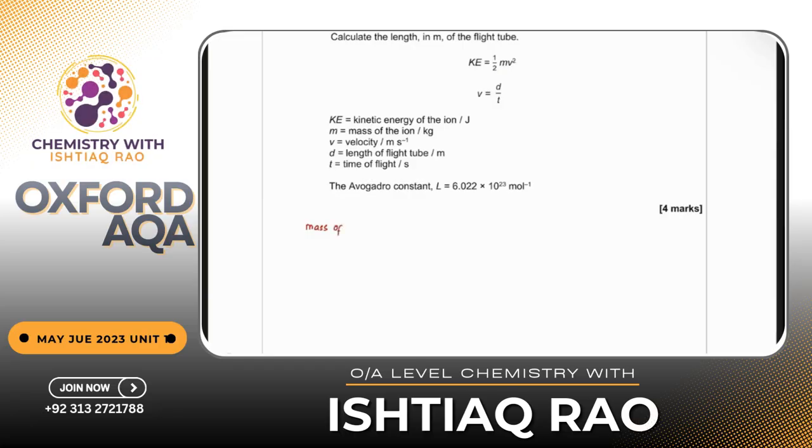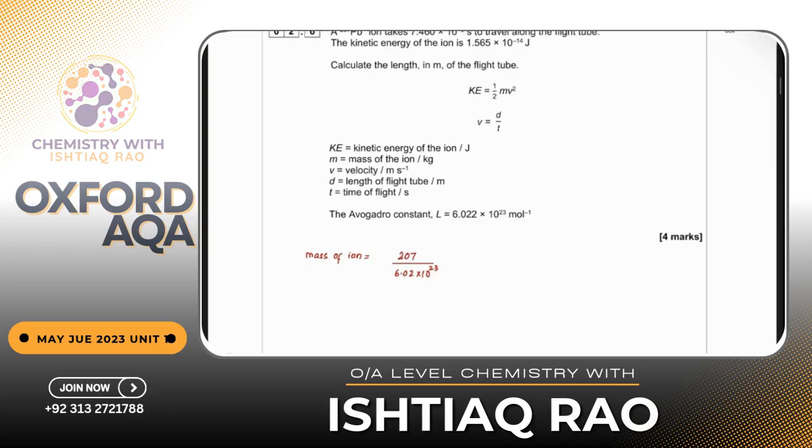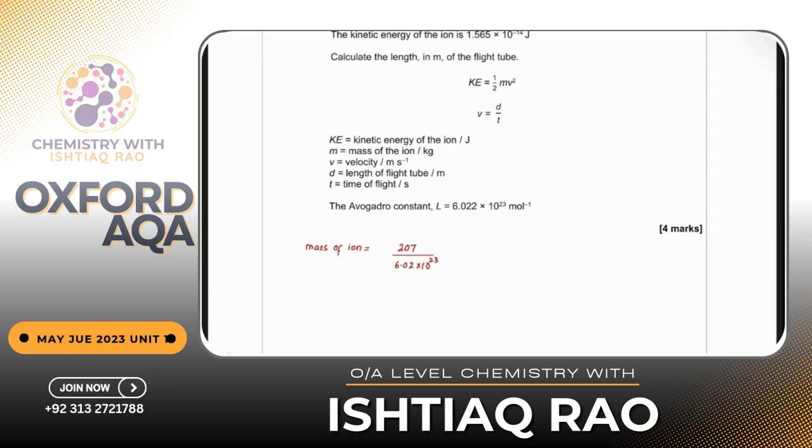Mass of ion. What ion have they given? Pb positive, 207. So the mass of the ion will be equal to 207 divided by 6.02 times 10 to the power 23.